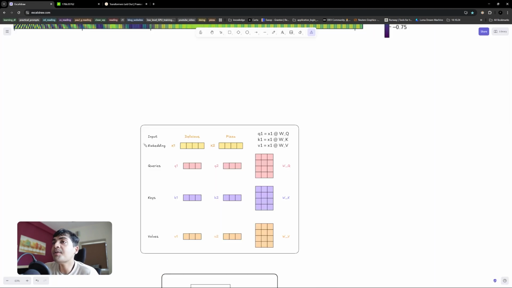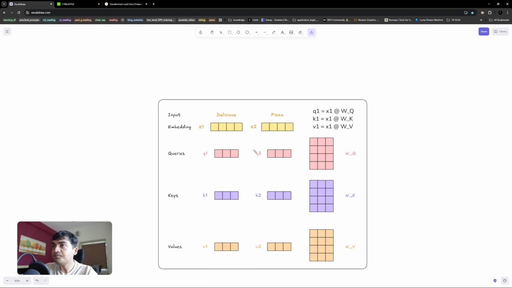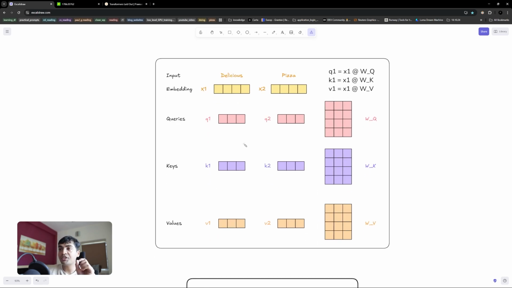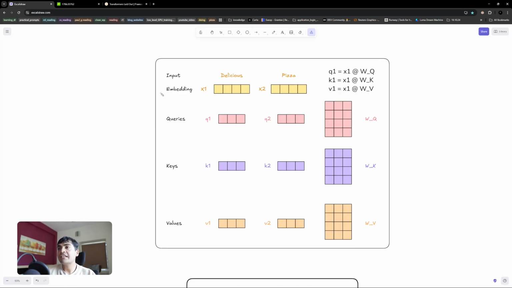So if we go back and use that, you first need to calculate the Q, K, V vectors. Those are calculated by taking our embeddings and multiplying them by a Q, K, V matrix. The way matrix multiplication works, very quickly, is I take this row multiplied by this column to get this value.